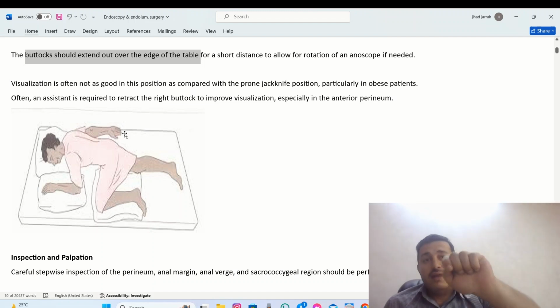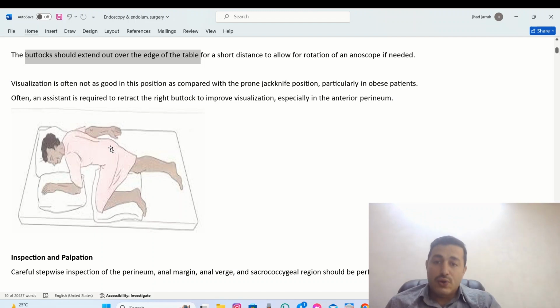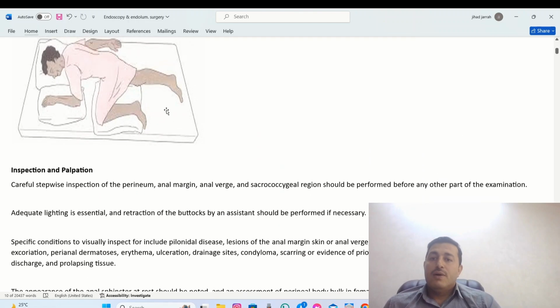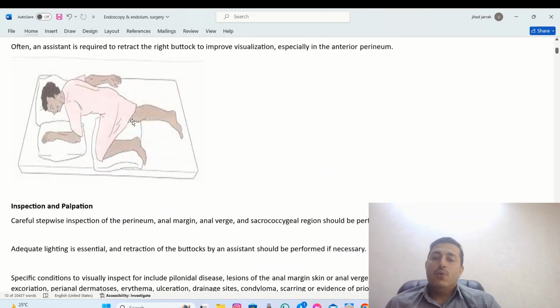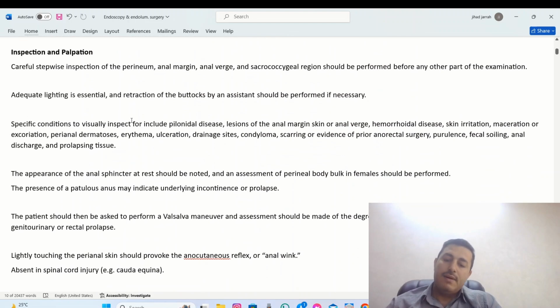And if you are using the endoscope, you want to rotate it, so the pelvis should be extended over the edge. In this position, the hip and knee are flexed 90 degrees. You may need an assistant to retract the right buttock, especially if you are examining the anterior perineum. We start with history, then positioning, and we move to inspection and palpation.